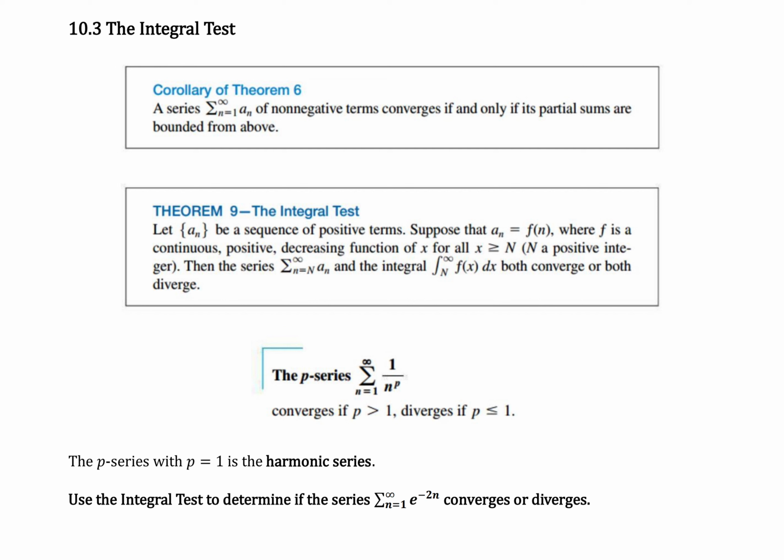The integral test says if we have a sub n, which is a sequence of positive terms, and each term is equal to f of n, where f is a continuous, positive, decreasing function of x, so that's a mouthful, for all x values greater than or equal to some positive integer, then the series and the integral are going to either both converge or both diverge.